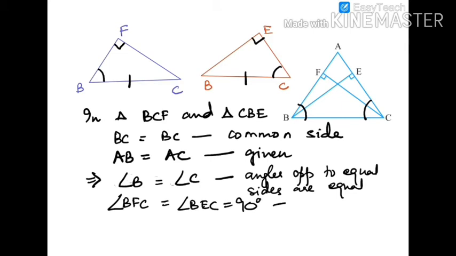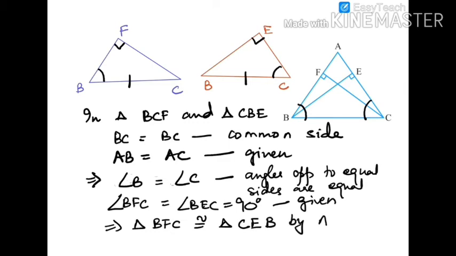Each is 90 degrees and that is given in the question. So this implies triangle BFC is congruent to triangle CEB by angle, angle, side. And then we can say that CF is equal to BE by CPCT.